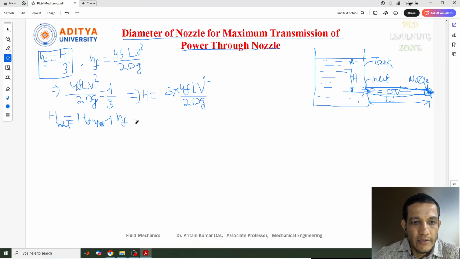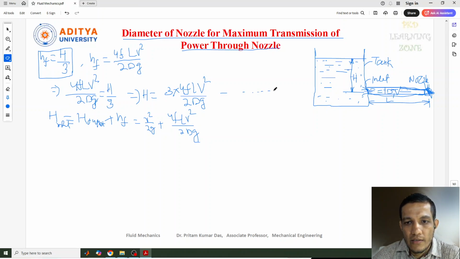So we can write kinetic head equal to v square by 2g, plus hf, which we can write the same way: 4f l v square by 2dg. Let's mark this equation 1, and this one equation 2.